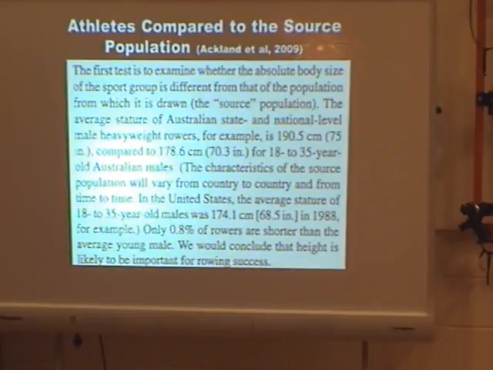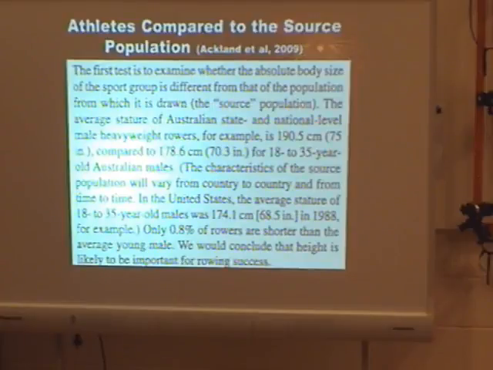You have that entire population to pick your athletes from. And so what they try to do to see how athletes vary is they take the general data from that source population and compare what the athletes are in comparison.